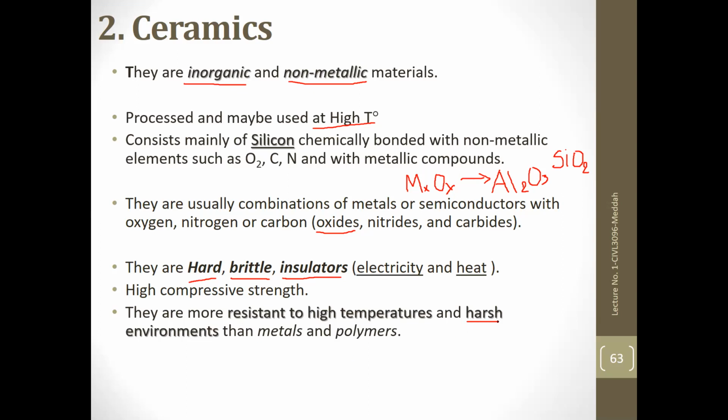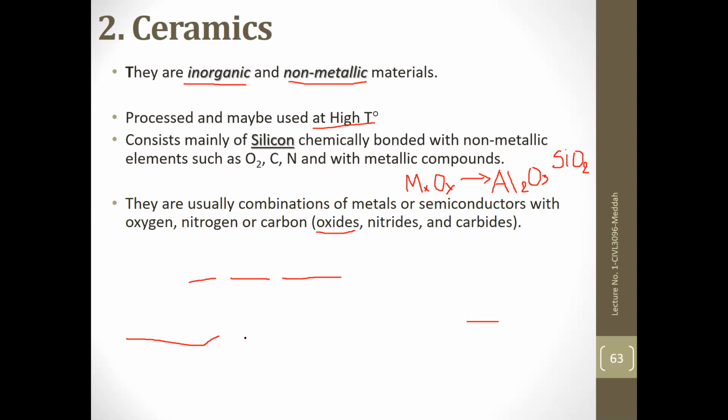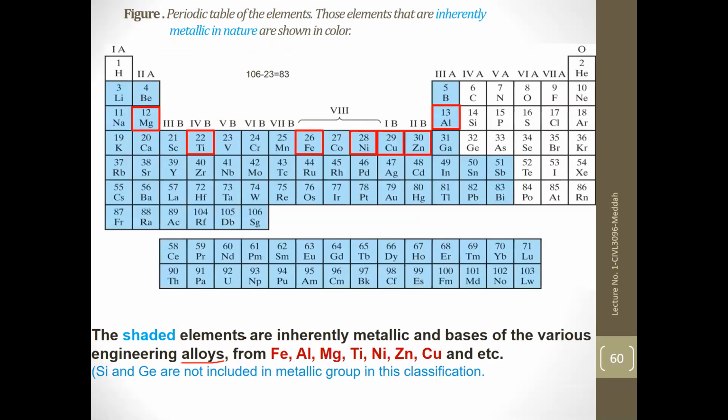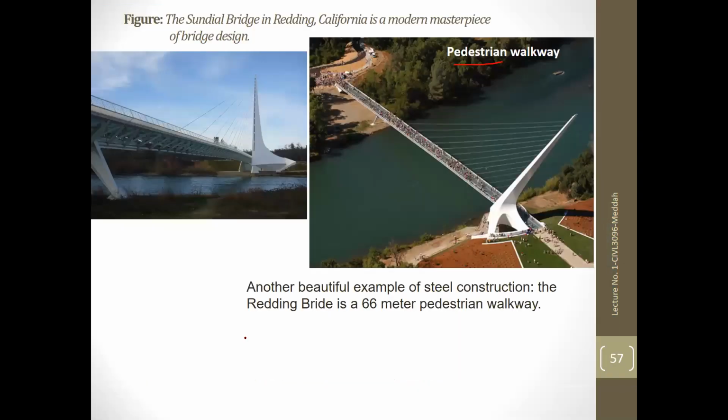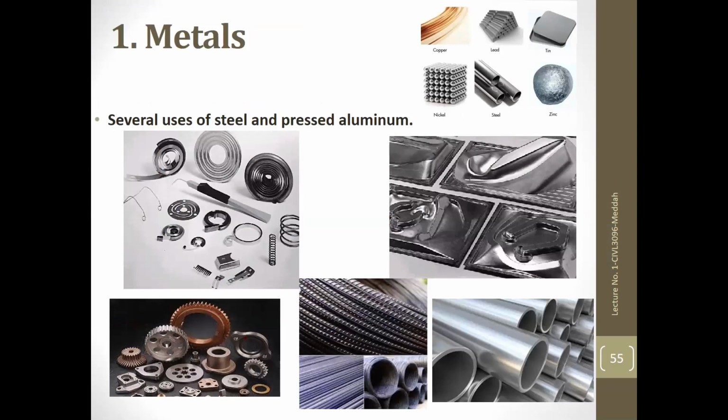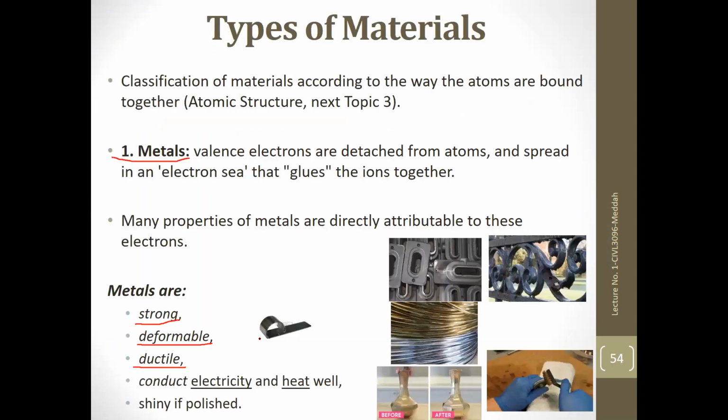And also they have good resistance to the environment. Just a very simple example: metals, if they are exposed to some specific environments, start corroding. I will go back here and show you an example that we have already seen. You can see here what we call corrosion.